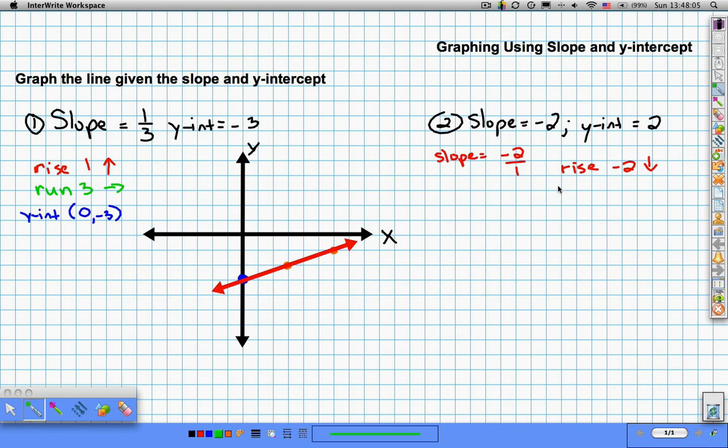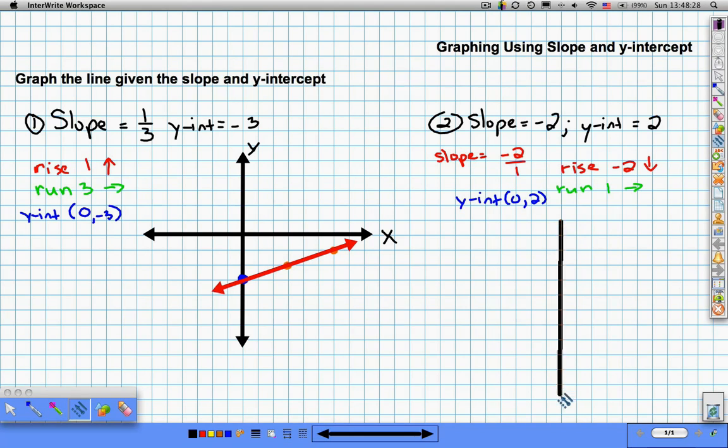And our run in this case is +1, so we're going to go to the right 1. Again, our y-intercept is +2, but y-intercepts are actually points, so we can write this as (0, 2). We now have the information we need, so we can graph this.